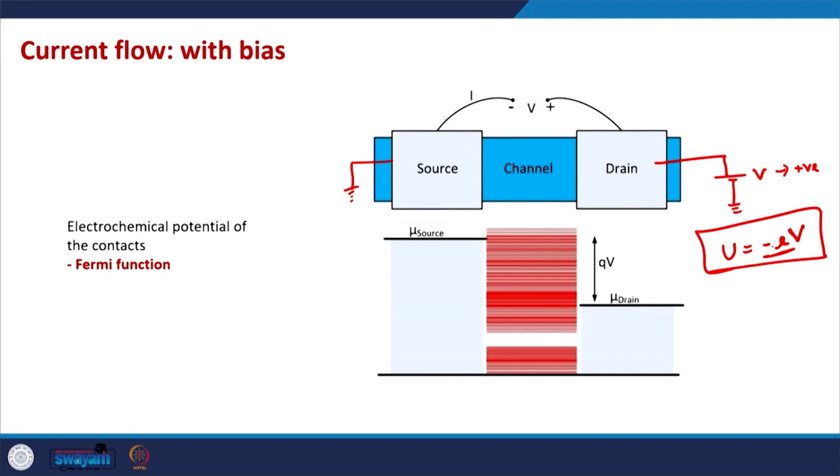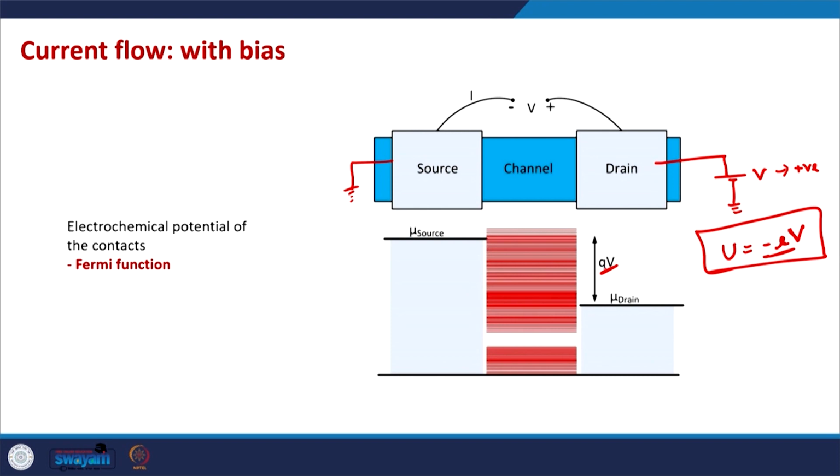And since the potential energy goes down, the electrochemical potential or the Fermi level will also go down by this value, qV. Okay. So now, with application of a voltage, the source Fermi level is higher than the drain Fermi level.